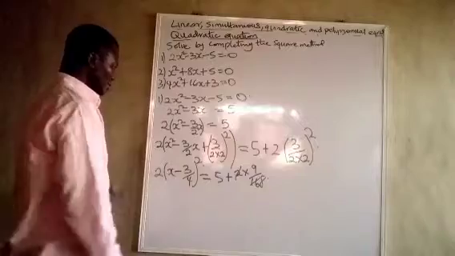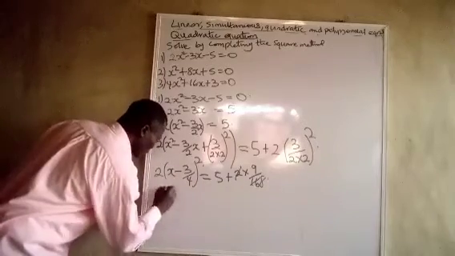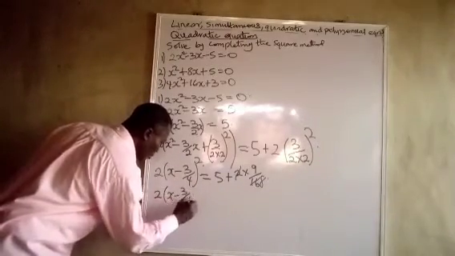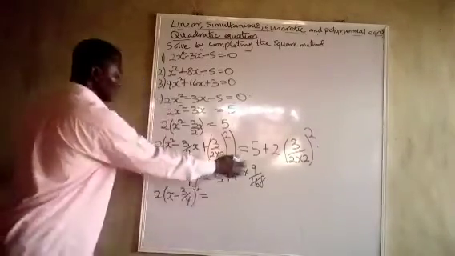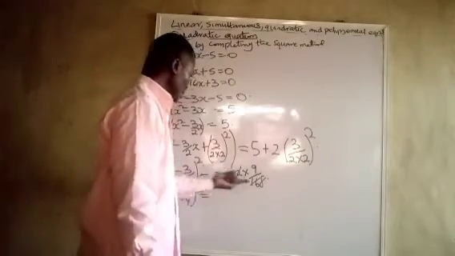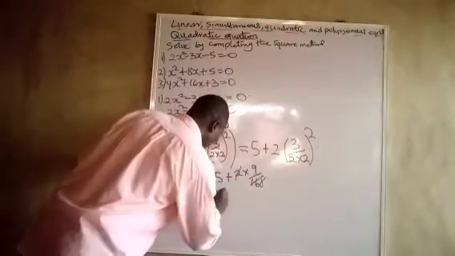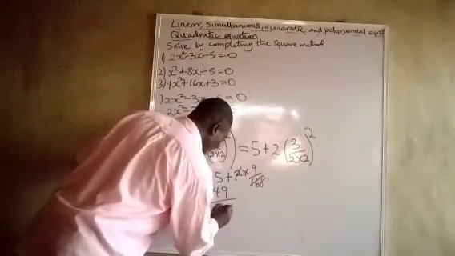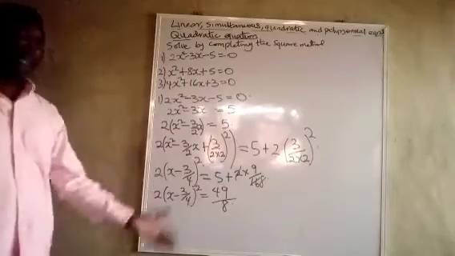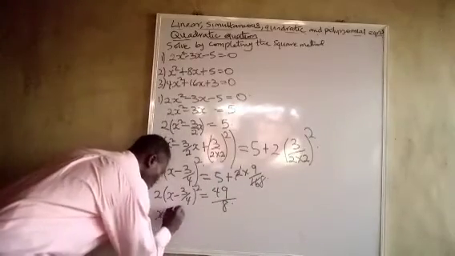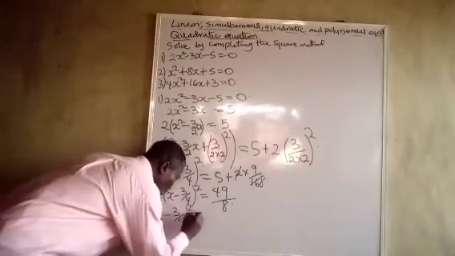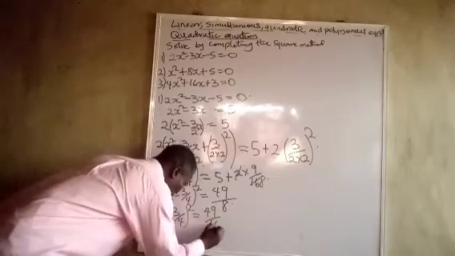Now I can say 2 into (x − 3/4) all squared is equal to 9 over 8. 8 times 5 is 40, plus 9 is 49 over 8. Now let me divide by 2 again. So I have (x − 3/4) all squared equal to 49 over 16.